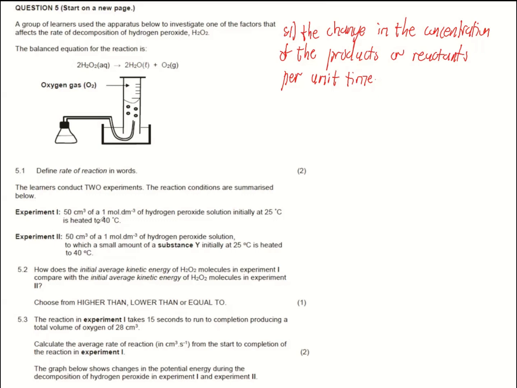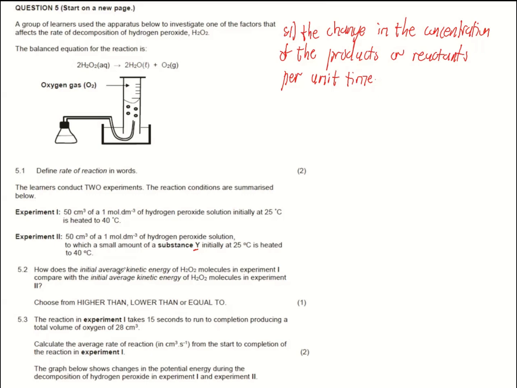In experiment 2, 50 cm³ of a 1 mol·dm⁻³ hydrogen peroxide solution, to which a small amount of a substance Y, initially at 25 degrees Celsius, is heated to 40 degrees Celsius. So we don't know this substance Y, but in most cases, it might be a catalyst that has been added. So let's find out.